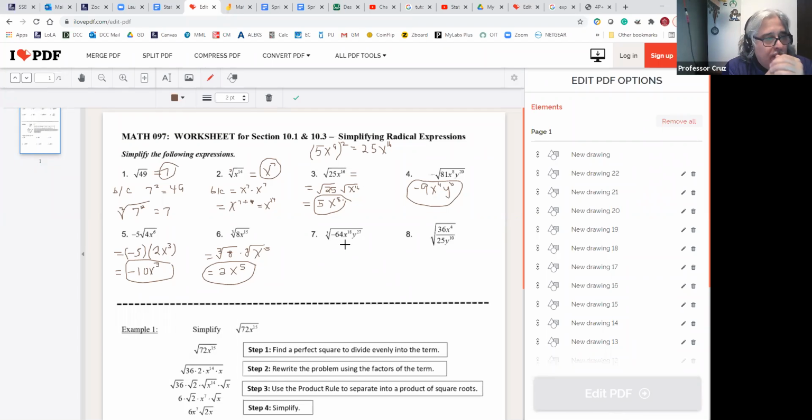Now, if you've got a square root, with what we know now, if we take the square root of a negative number, there's no real numbers that multiply out to be a negative number.